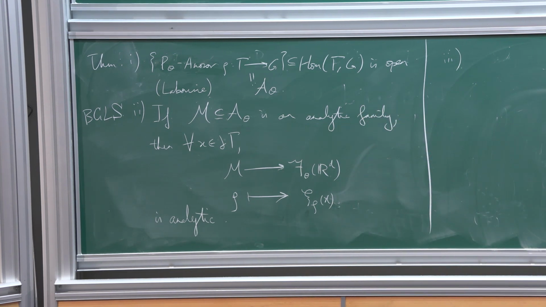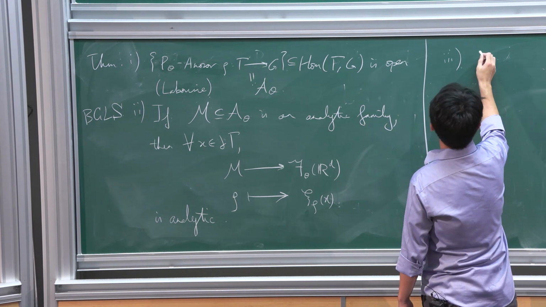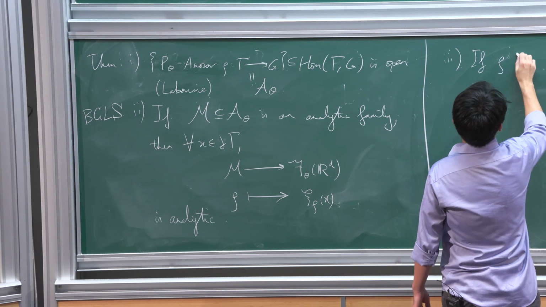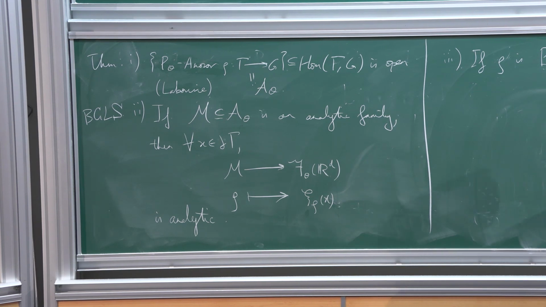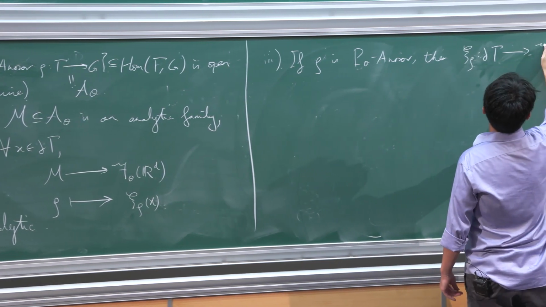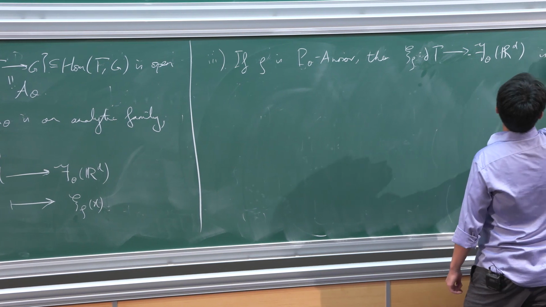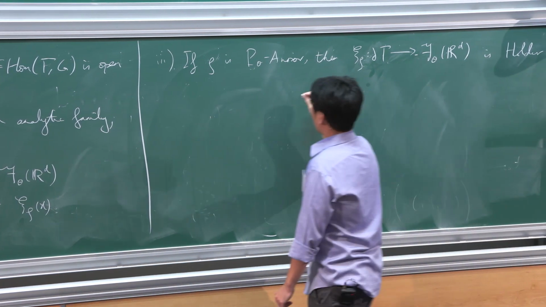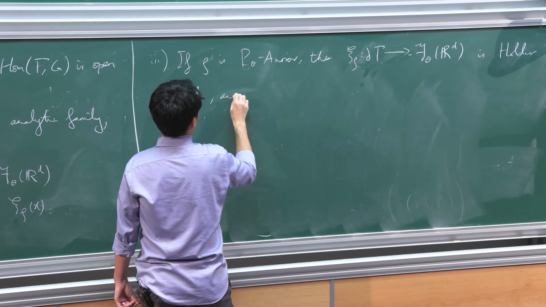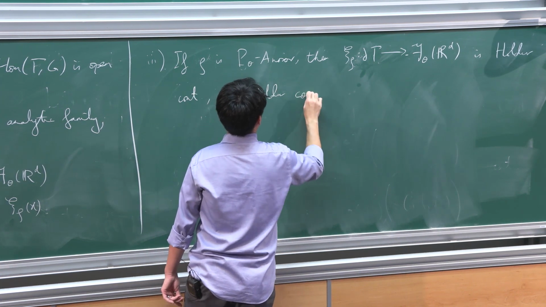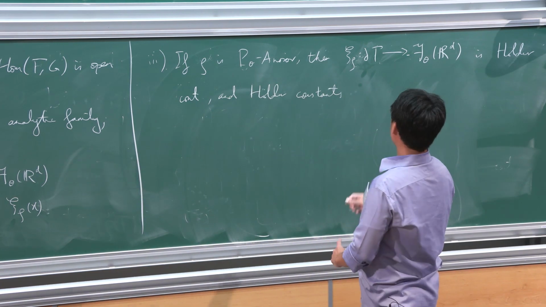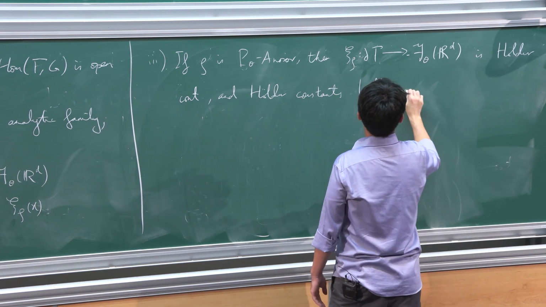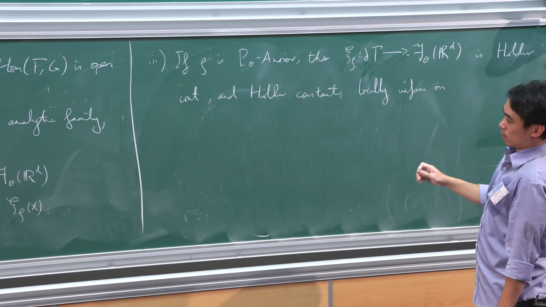And then the third statement: if rho is P_theta Anosov, then C^rho from the boundary of gamma to the flag manifold is Hölder continuous, and the Hölder constants can be made uniform, locally uniform, on A_theta as well.